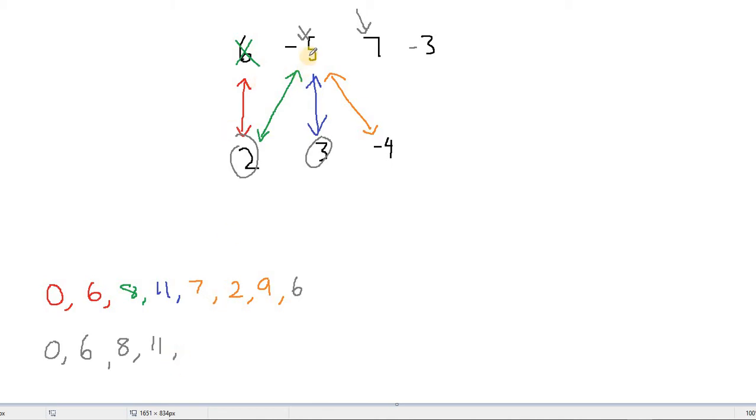So it's optimal to take this one, and then this one right after. So you get 6, 13, 10, 6. Now obviously you can see the max of this method is a lot larger than the max of the previous one.